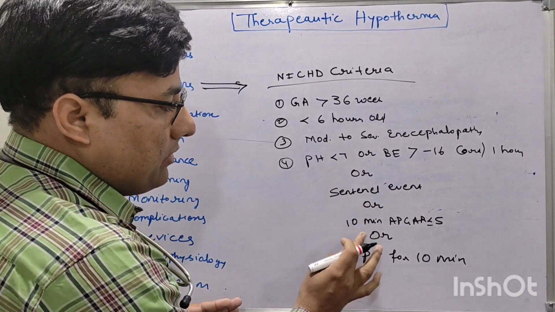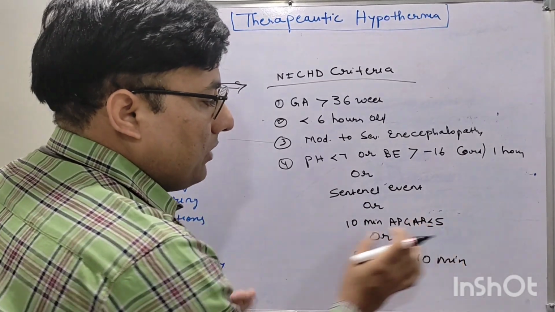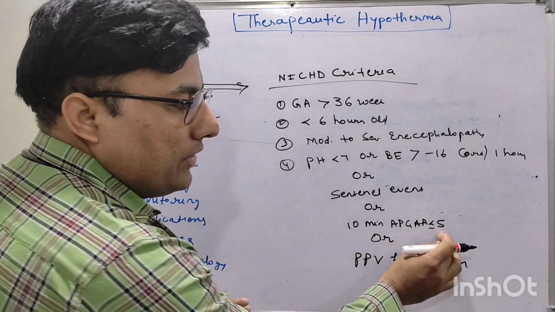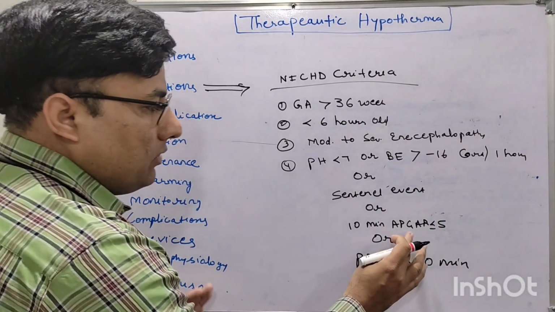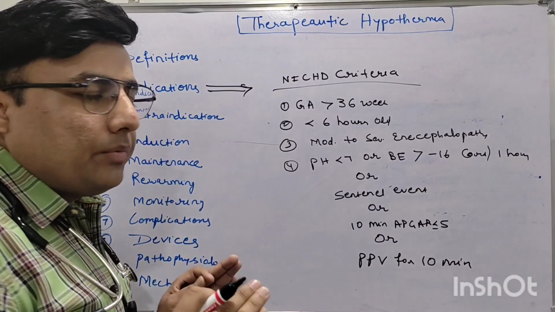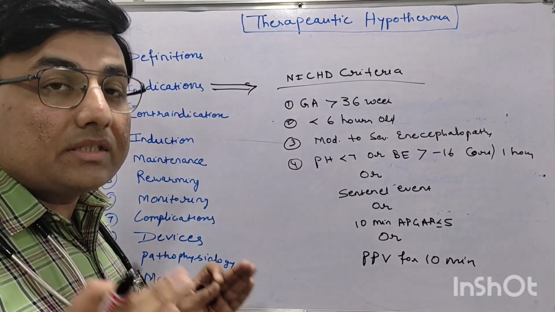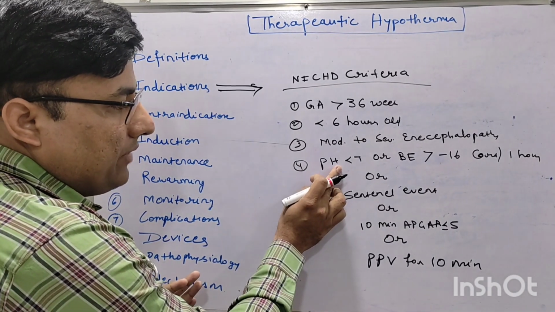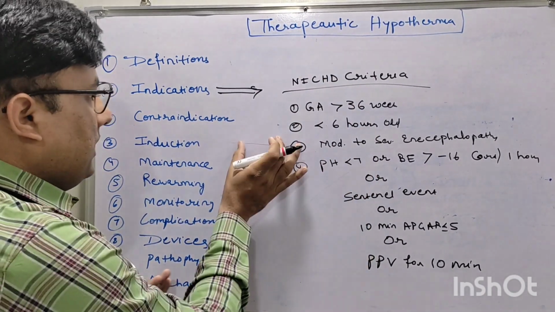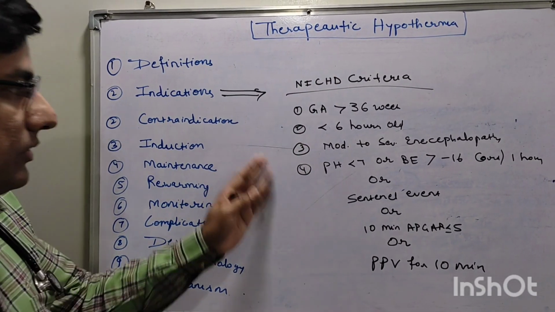If this also is not there, then APGAR score at 10 minutes should be 5 or less. If this also is not there, then we can take if the baby required PPV, positive pressure ventilation, for 10 minutes at birth. So if ABG is not available, then we can take these three. So these four criteria should match, then only we can start therapeutic hypothermia.